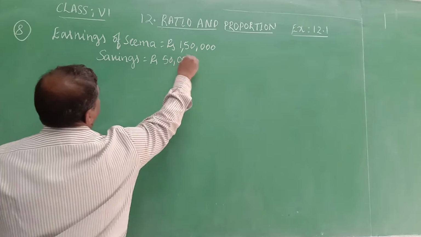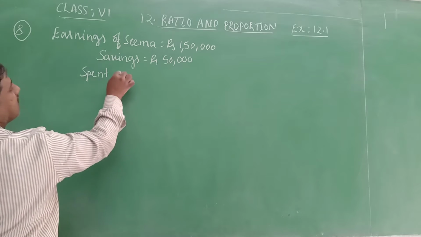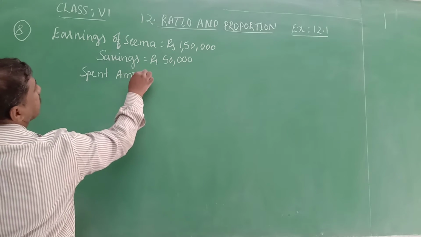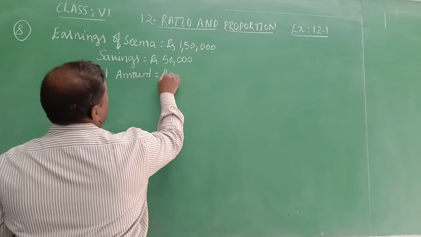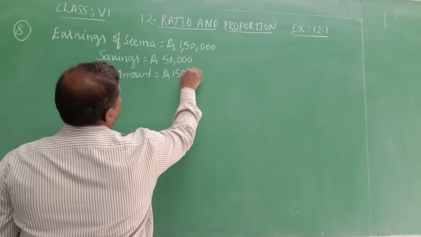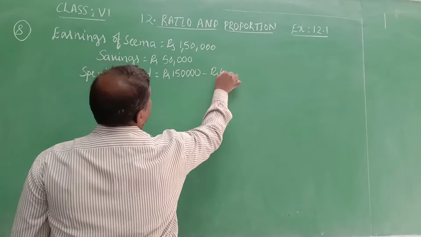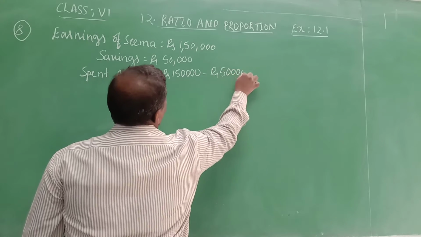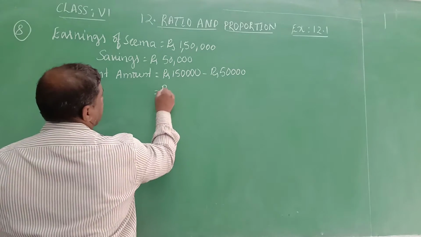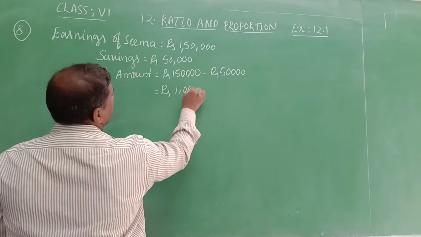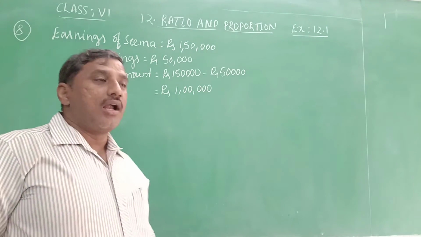Then the spent amount is equal to the total earning, 1,50,000 minus savings of 50,000. So 1,50,000 minus 50,000 is 1 lakh. That is rupees 1 lakh is her spent amount, the expenditure.